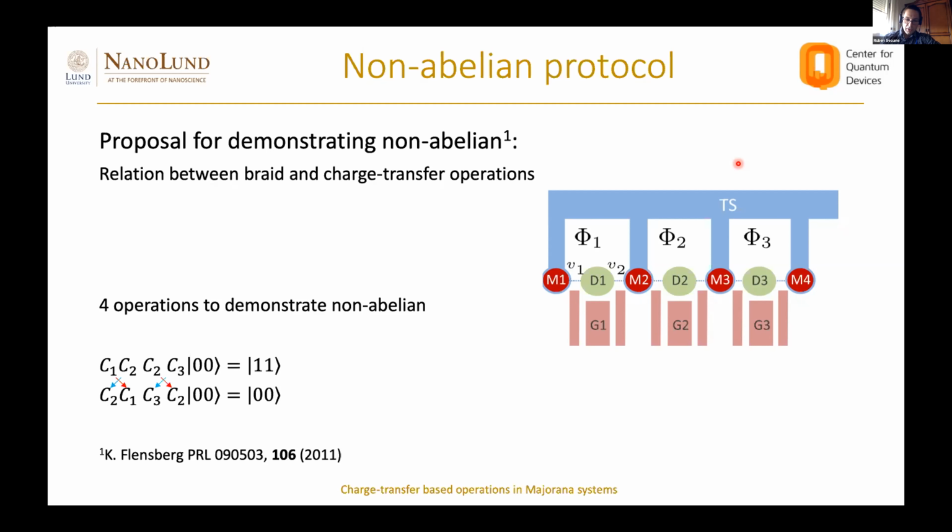However, if we do a protocol like that, where there are actually four charge transfer-based operations, the result will be similar if the states are topological or topologically trivial, meaning that these two sets of operations will lead to the same result if they are trivial. Does it answer your question? Yes, yes, yes. Yes, very well.